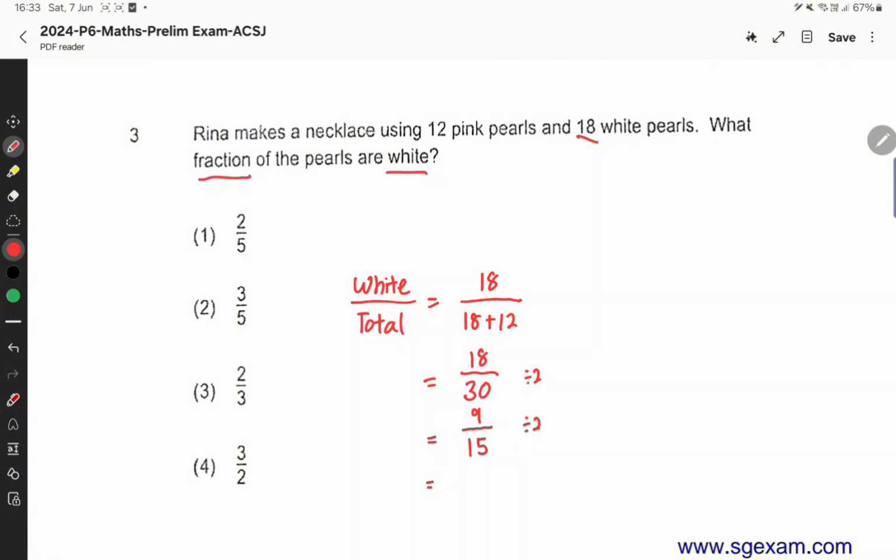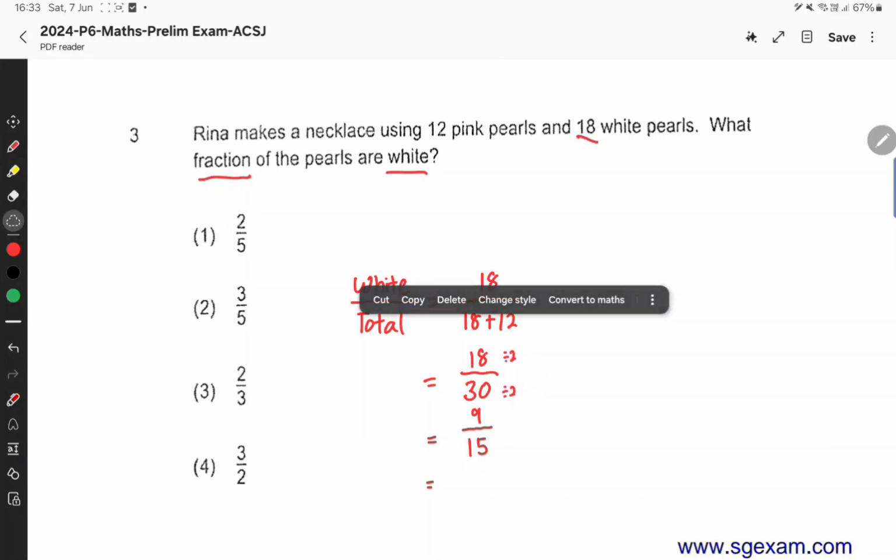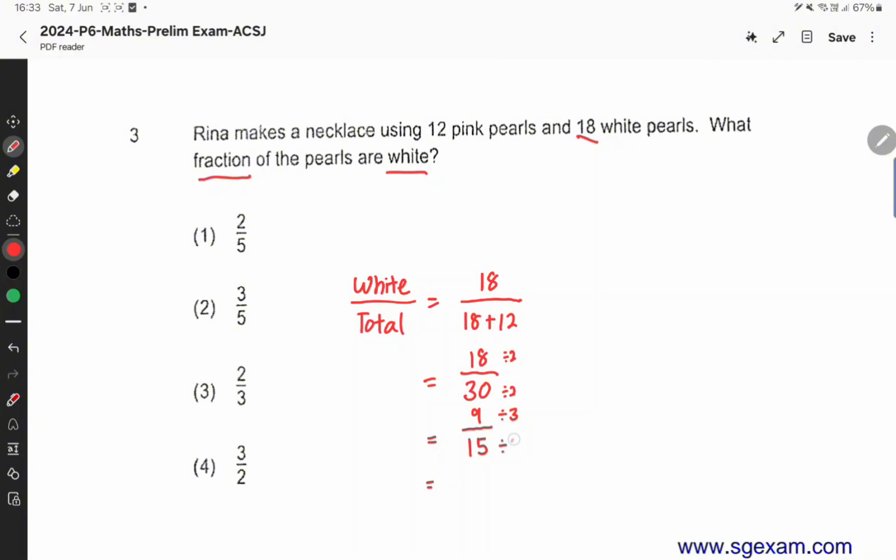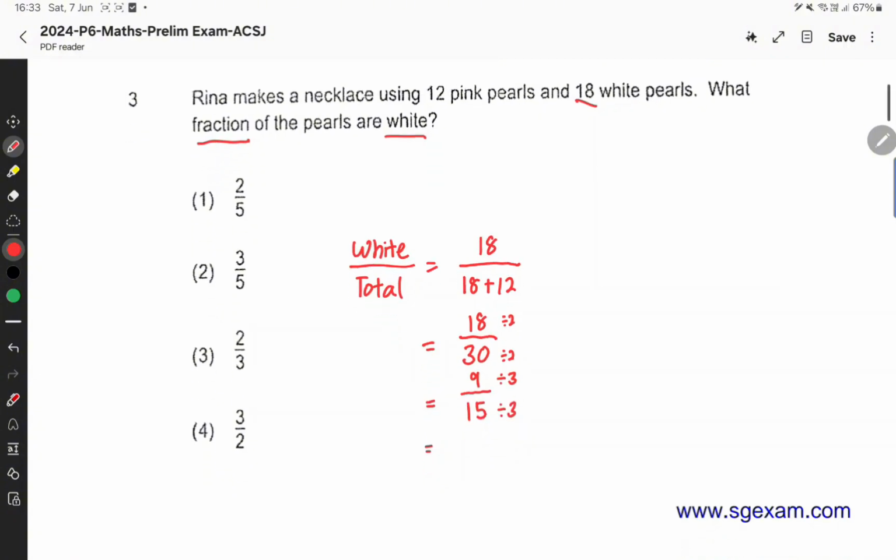Let me rewrite this. Now 9 over 15, we need to divide by 3 because it is the common factor. 9 divided by 3 is 3, and 15 divided by 3 is 5. So therefore the answer over here is 2.